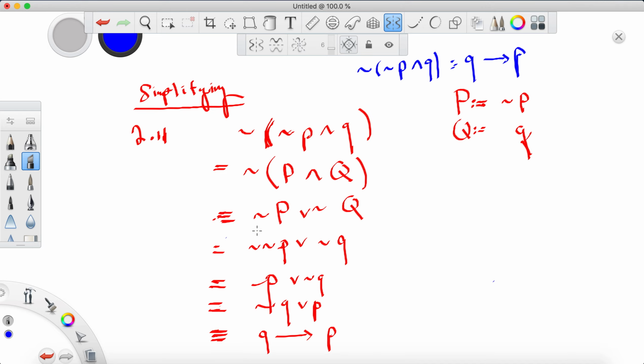Okay, so now what we would like to do is go through and justify each step. So here I'm going to write the justification. Okay, so this is our assumption, right? This is our assumption. This is a change of notation.